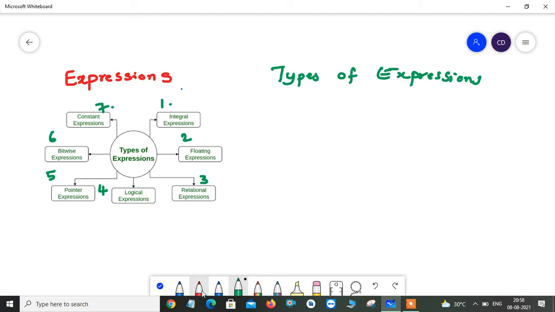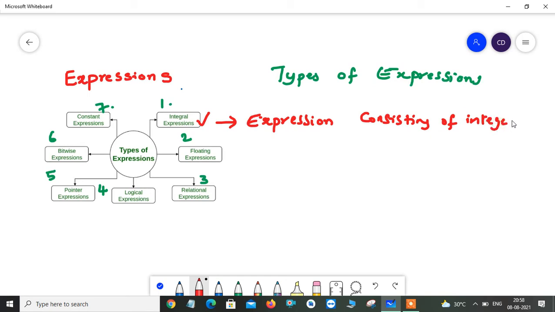Now we'll start with the integral expression. An integral expression is nothing but an expression consisting of integer variables. I already said an expression is a combination of operators and operands.